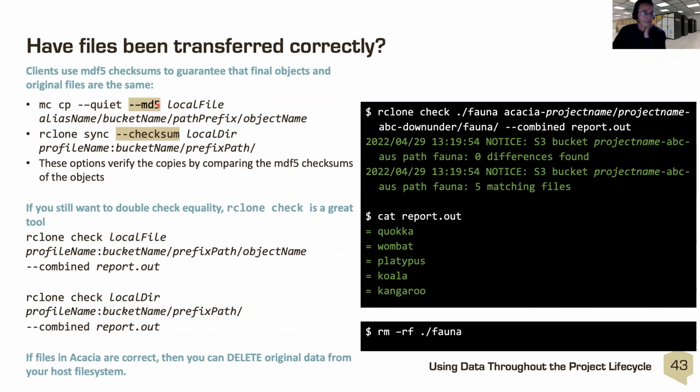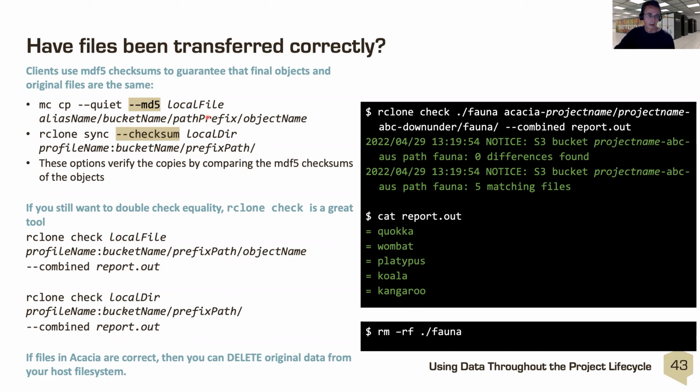Now in this slide, I'm asking the question, have files been transferred correctly? So in theory, yes, they should have, because we have these two options in the commands. If there is some error in the checking, these options guarantee that the files are being checked after being copied.